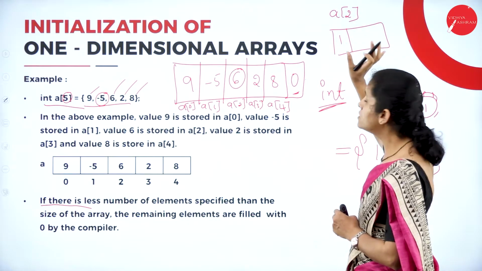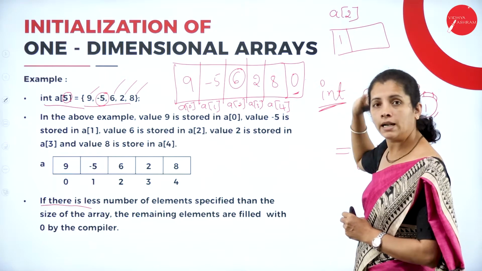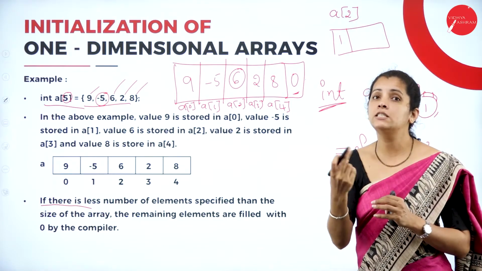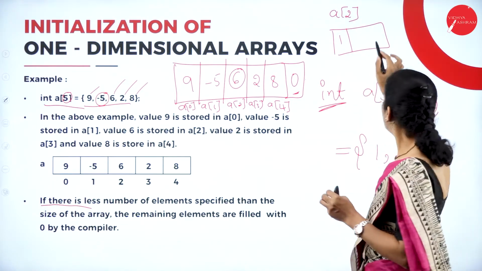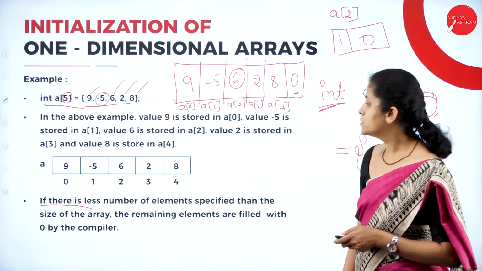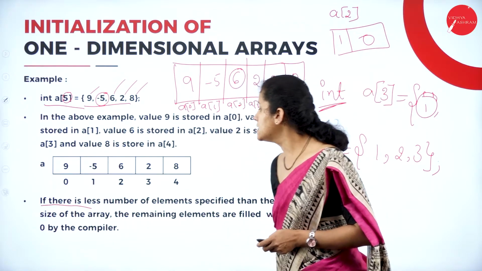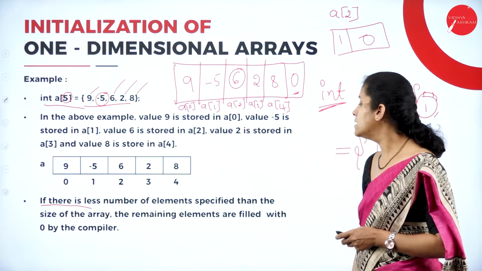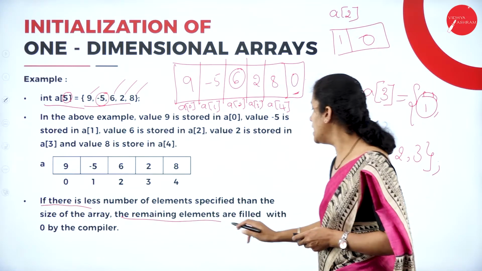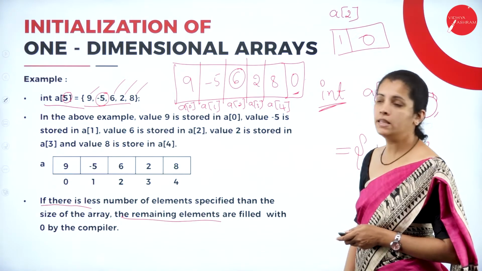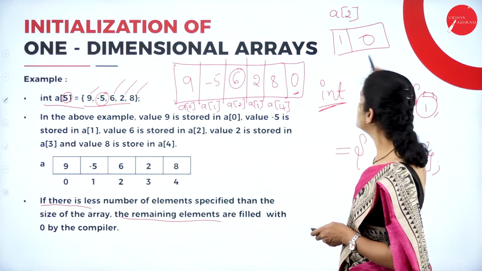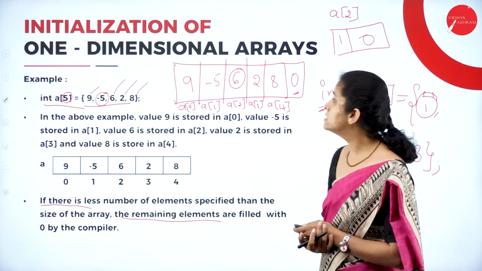Here, the size of the array is fixed, but I have stored only 1 element, and for the next position, it automatically places 0. So here, if fewer elements are specified than the size of the array, the remaining elements are filled with 0. So the compiler is going to fill the rest of the fields with the value 0.